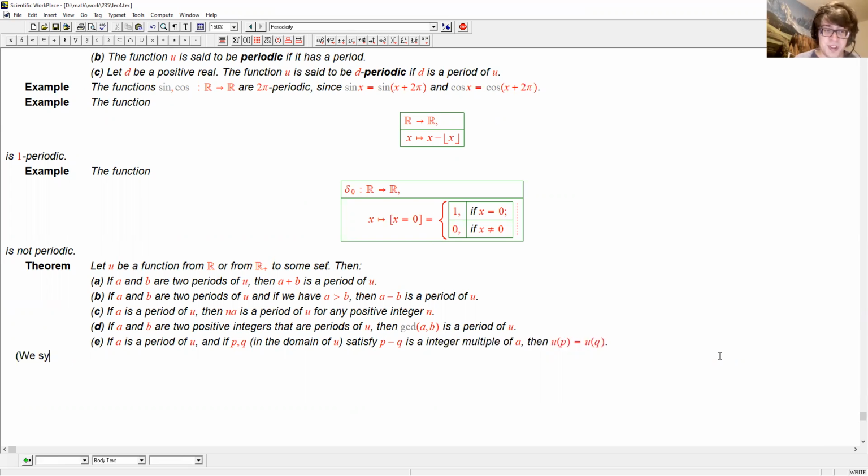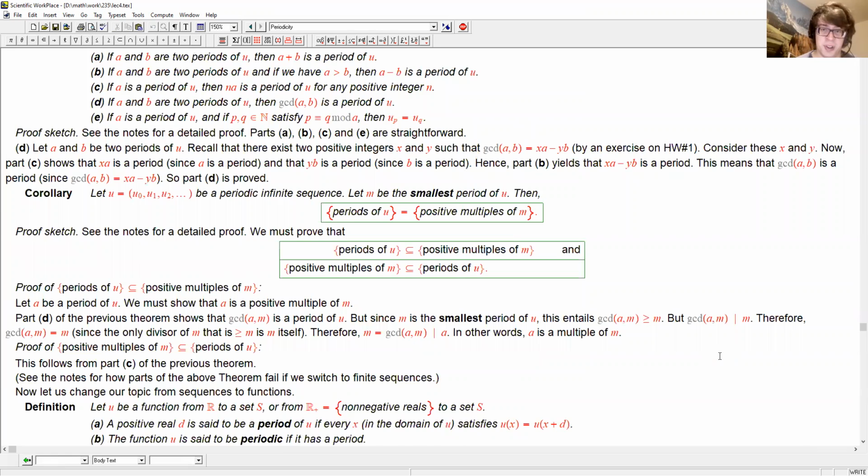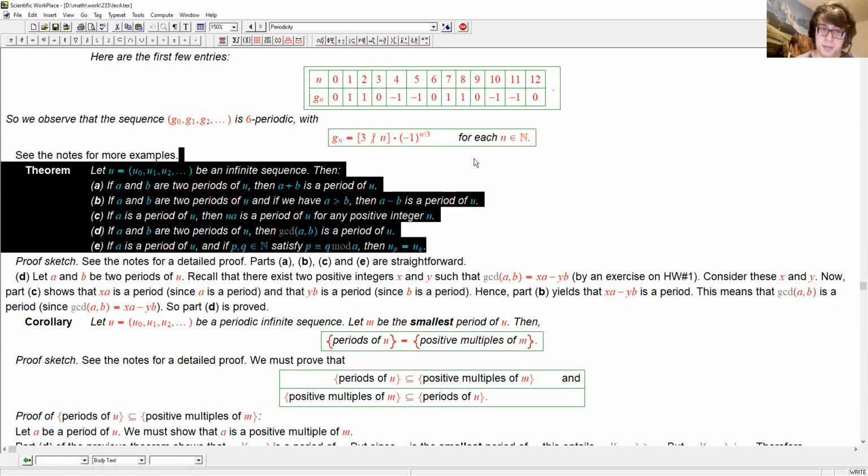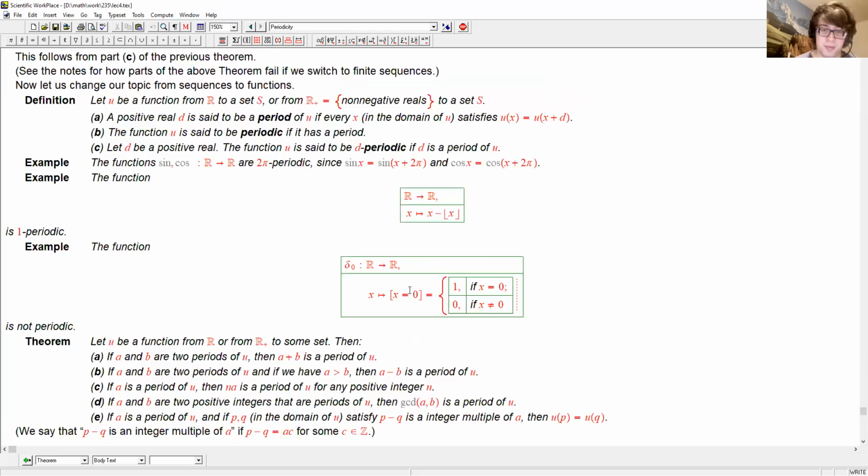So we say that P minus Q is an integer multiple of A if P minus Q equals A times C for some integer C, just as divisibility was defined. The proof of the theorem is exactly a copy of the proof of this theorem. Just subscripts become values, become arguments, I mean.